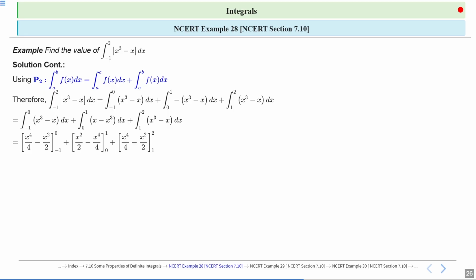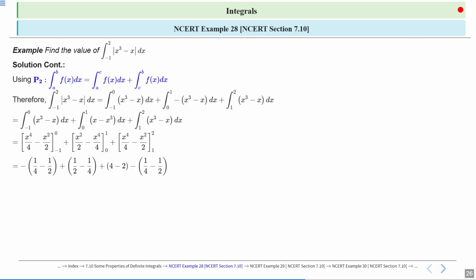And we write the upper and lower limits in the square bracket: in the upper corner the value of the upper limit, and in the lower corner the value of the lower limit. When we find the value of the antiderivative, now we apply the second fundamental theorem of integral calculus. We just substitute the value of the upper limit and then the lower limit and subtract.